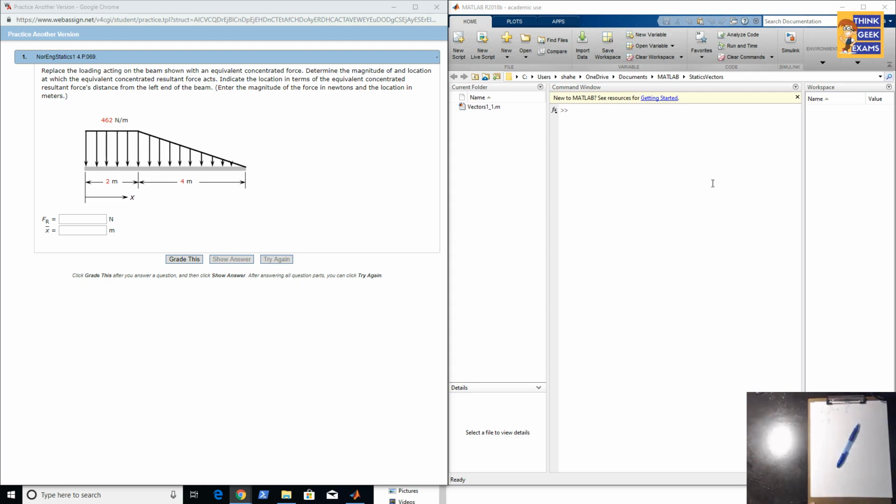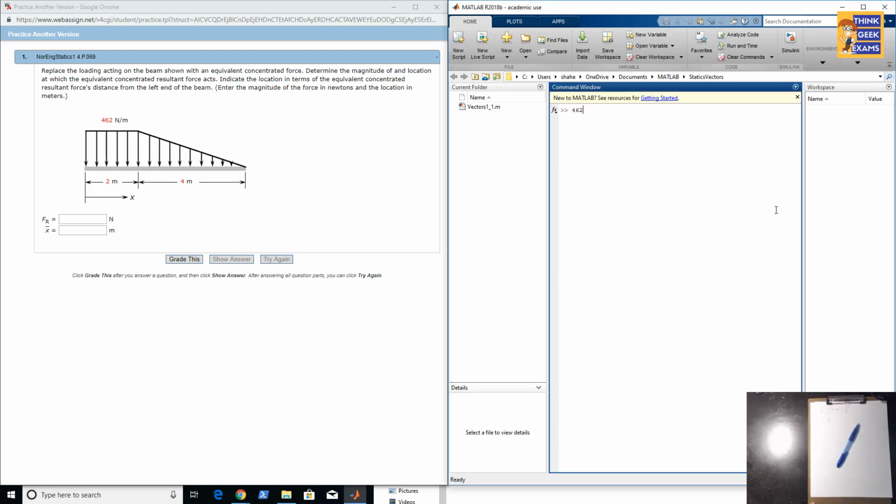I'm going to calculate that out. 462 divided by 4 is 115.5, so it's going to be minus 115.5 x. So as we go along this x-axis, it's going to diminish, so that's why we have a minus sign.